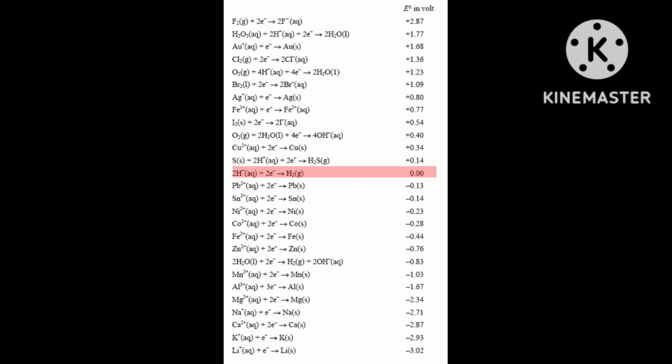Here, hydrogen ion H+ converts to half H2, so 2H+ gives H2, and its potential has been arbitrarily considered as zero. Above hydrogen, all will be negative, and below it will be positive.